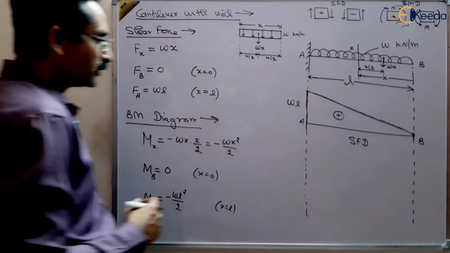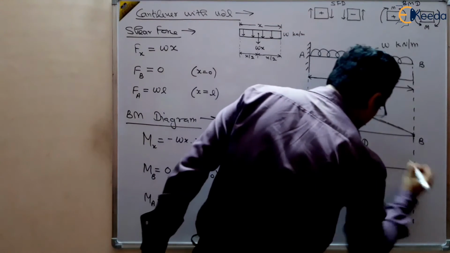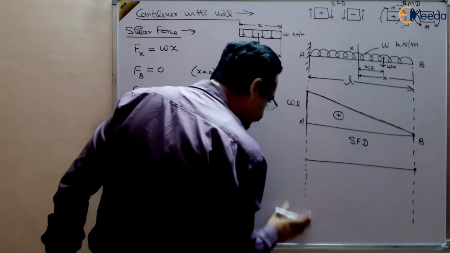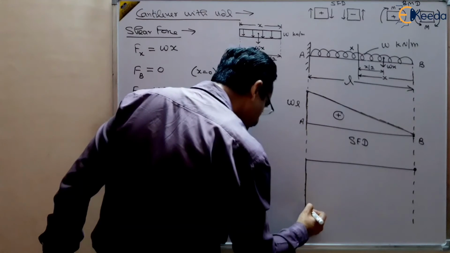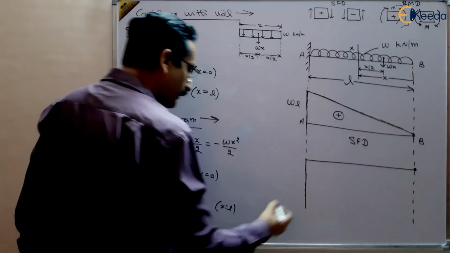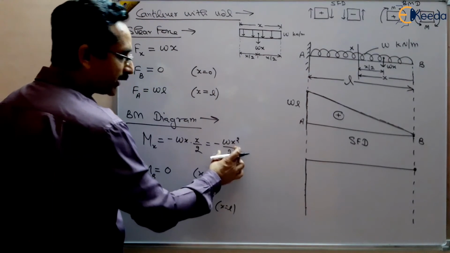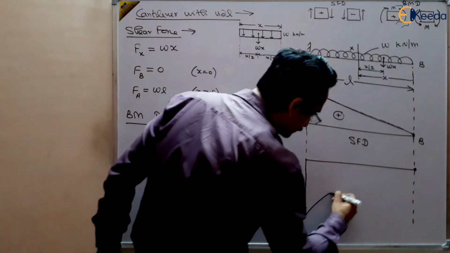So draw the diagram now. This is our base. This is 0 at point B. This is WL square by 2 in the negative direction, and the curve is parabolic with convex inside, so this type of curve is there.